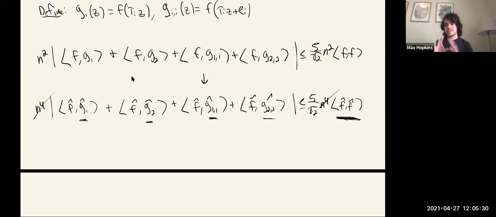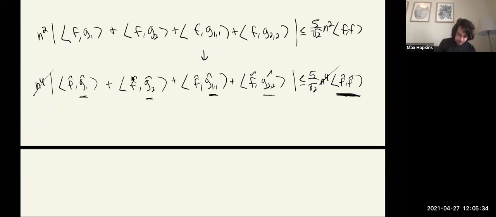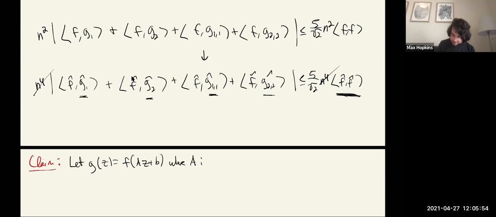I'm just going to state the claim here; I'm not going to prove it for you. I claim there's a very simple way to transfer between these. Let G of z be a function that is an affine shift of f, so G of z equals f of Az plus B, where A is invertible, non-singular.